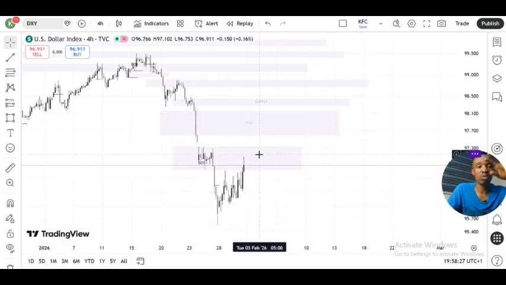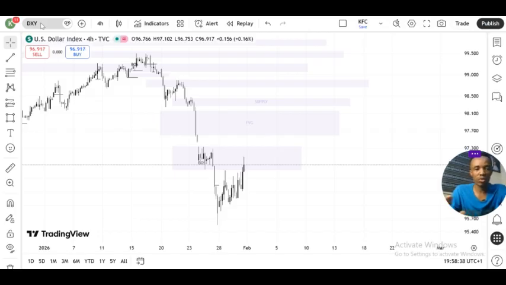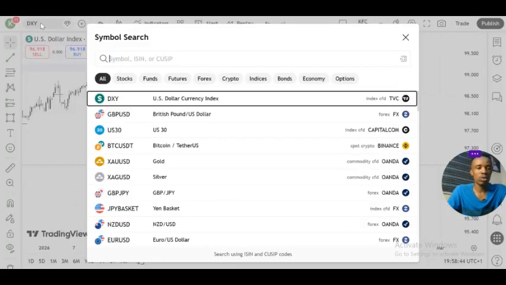But before then, there's going to be a bearish move. So at the opening of the market, dollar index bearish, GU bullish for short. When the bullish move starts happening for the dollar index, then we're going to go bearish on GU longs. Okay, so that would be for the dollar index.